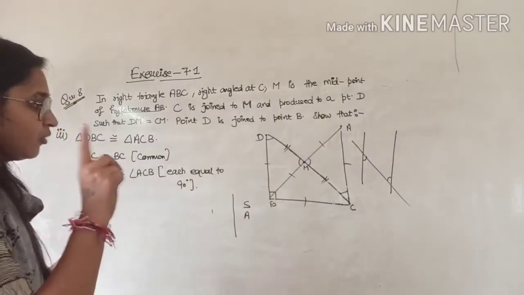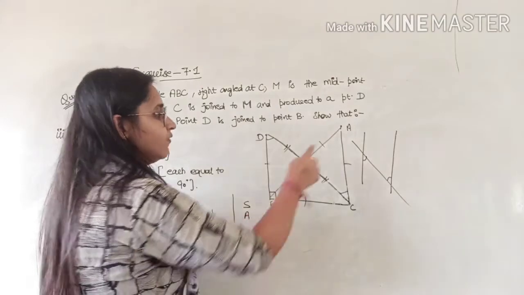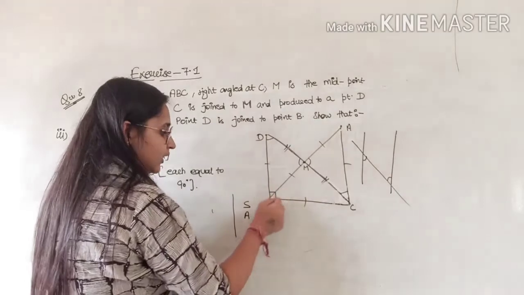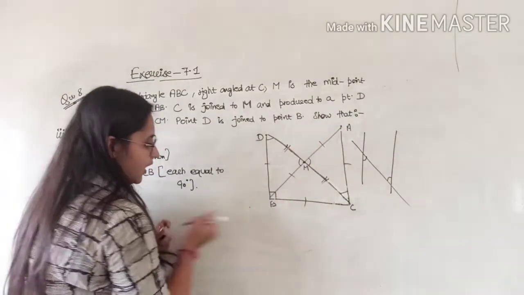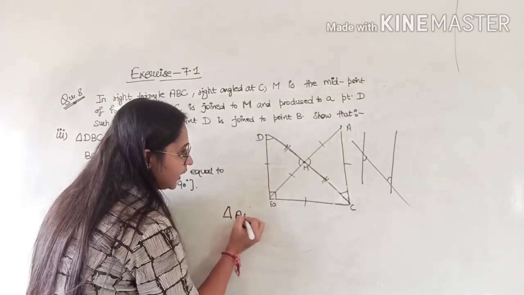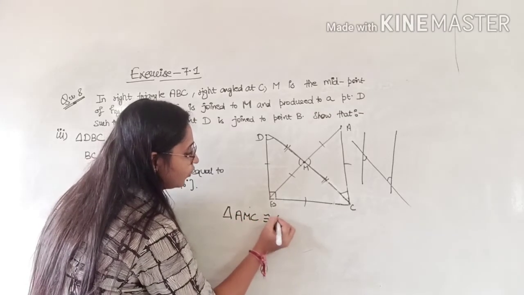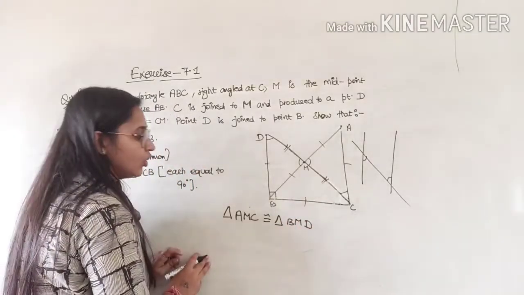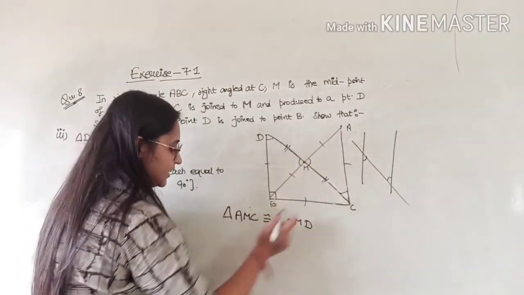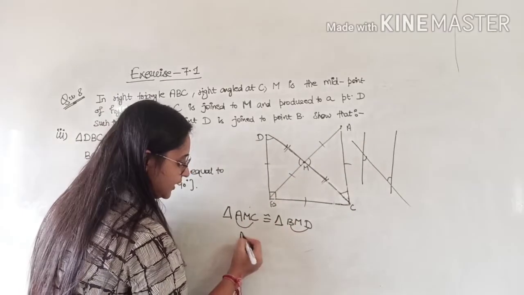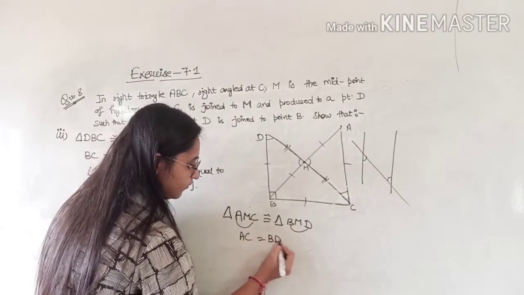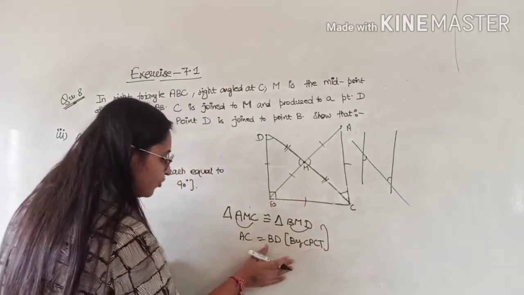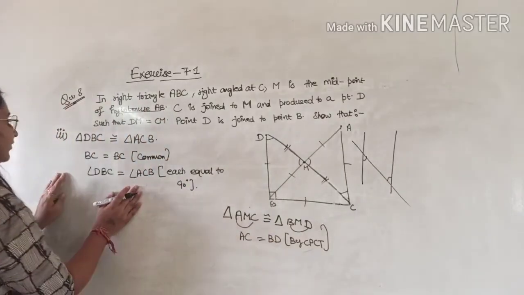First of all, see that in the very first part we proved that triangle AMC is congruent to triangle BMD. I am writing here, I proved triangle AMC is congruent to triangle BMD. And if these two triangles are congruent, I can write AC is equal to BD by CPCT. This was the first part. Now we will apply this first part in the third part.